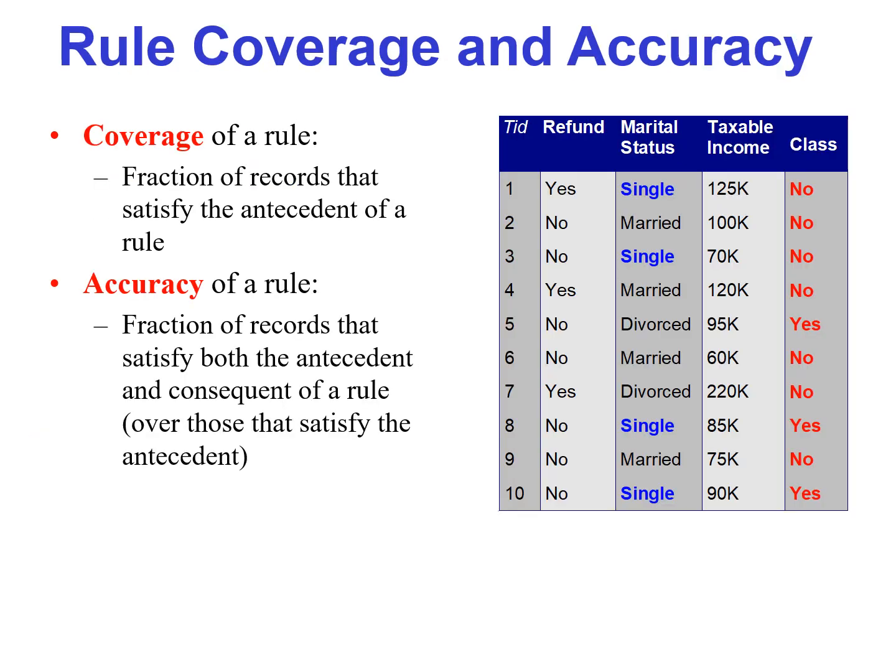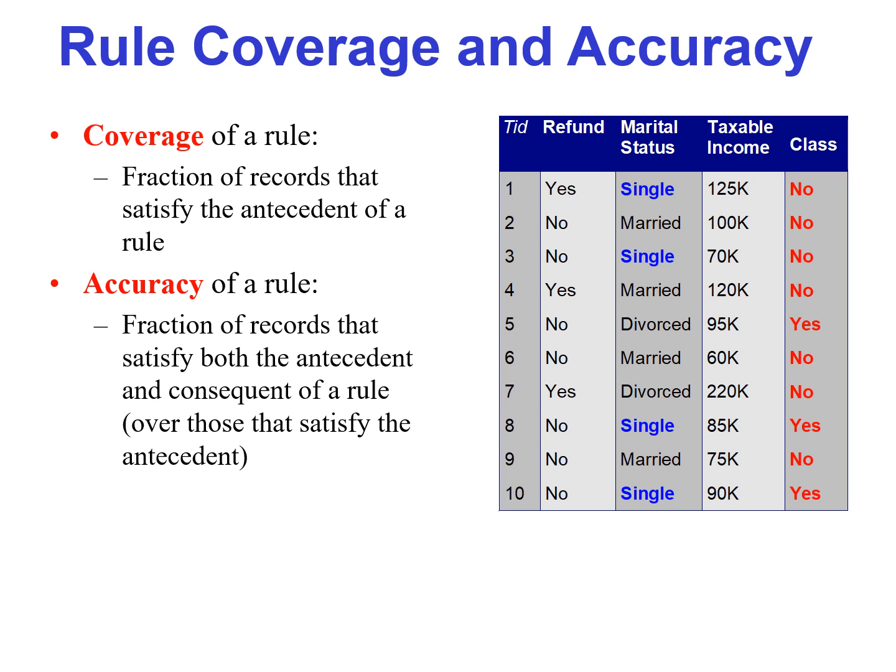Then rule coverage and accuracy. Coverage of a rule is the fraction of records that satisfy the antecedent of the rule. Accuracy of a rule is the fraction of records that satisfy both the antecedent and consequent of the rule, over those that satisfy the antecedent. Let us take the tax evasion example.